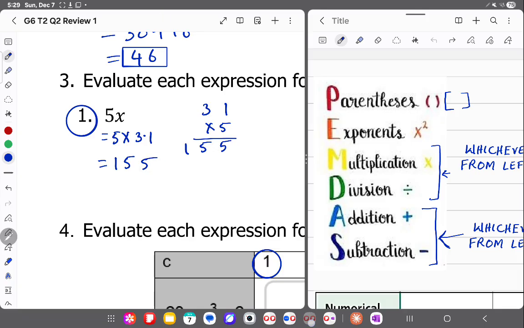Now it wasn't 31, it was 3.1, which means a decimal and one digit, right? So your answer must have one digit from the right and a decimal next to it.